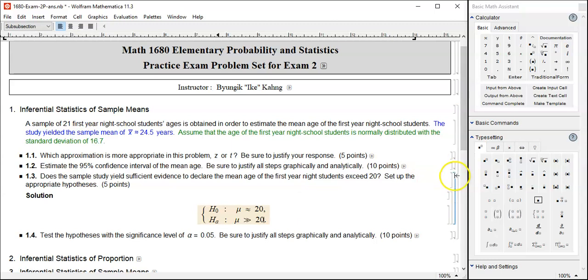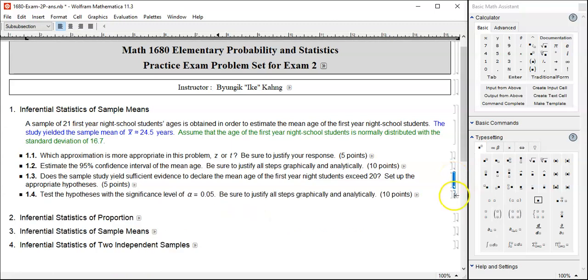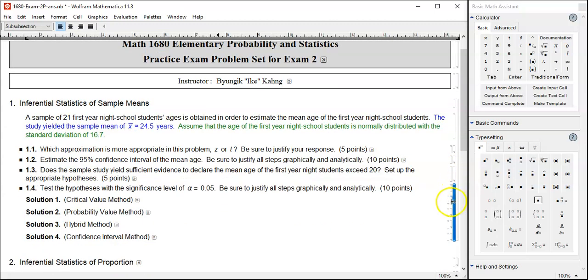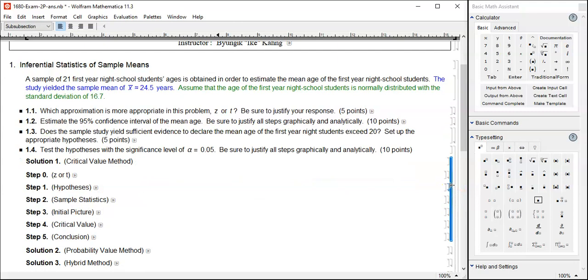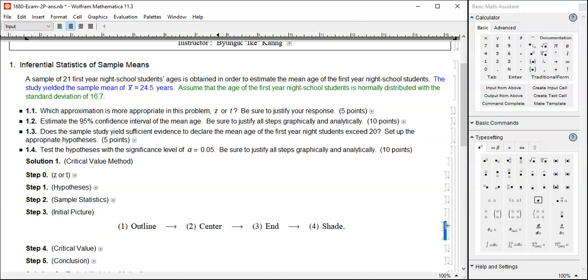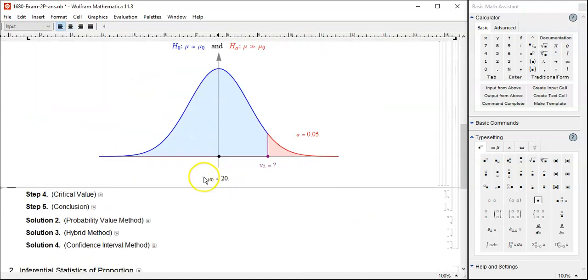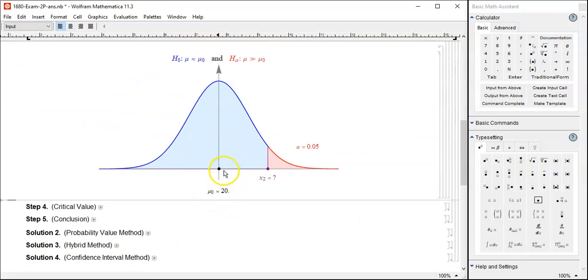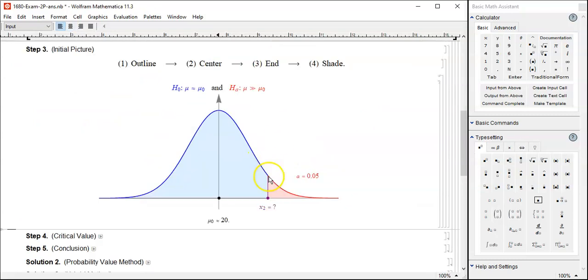Okay, let's go to the testing. Let's test this hypothesis with alpha of 0.05. Okay, here's the initial picture. Center, 20, the null, and then the end. Well, that is the critical value we are looking for.